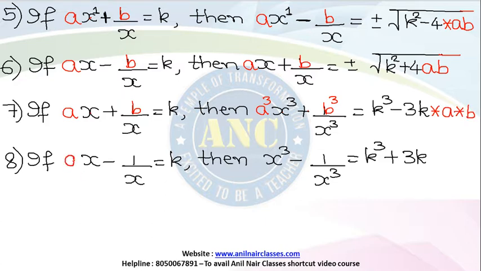Same thing here. If ax minus b by x is equal to k, a cube x cube minus b cube by x cube is k cube plus 3k was the original case earlier, but now I should multiply with the coefficient of x, that is a, and coefficient of 1 by x, that is b.